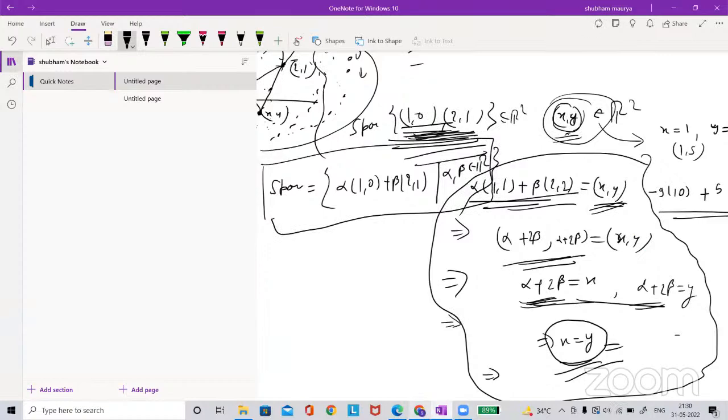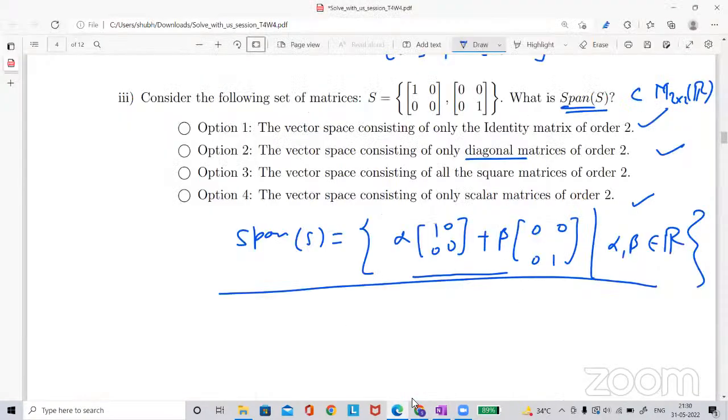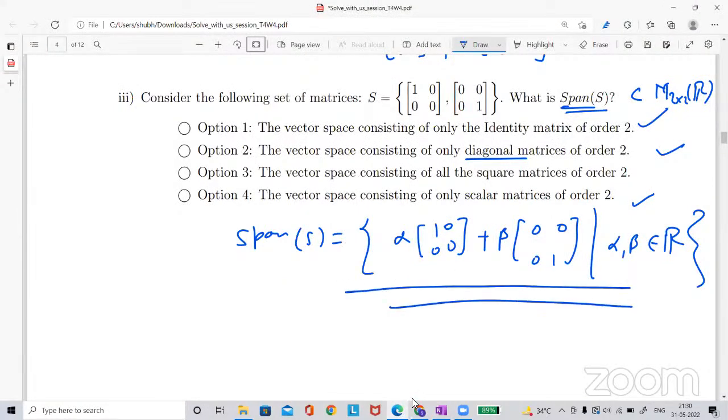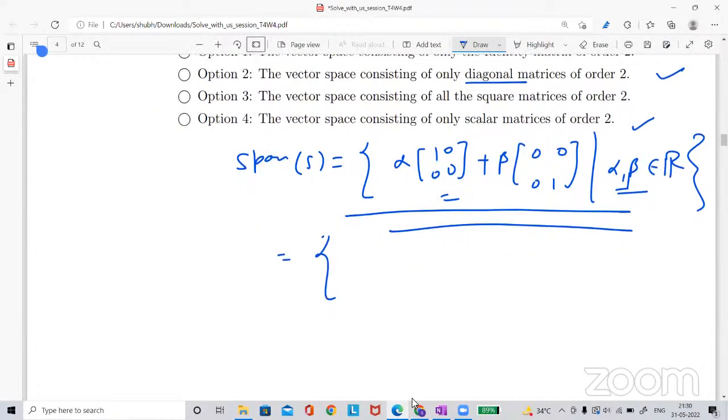This means the linear combination of these two vectors, where alpha and beta belong to R. If you write precisely here, it will be alpha, 0, 0, beta, where alpha and beta belong to R.